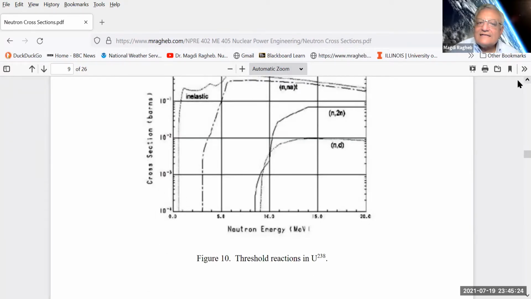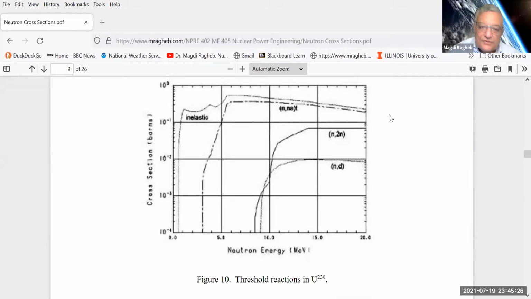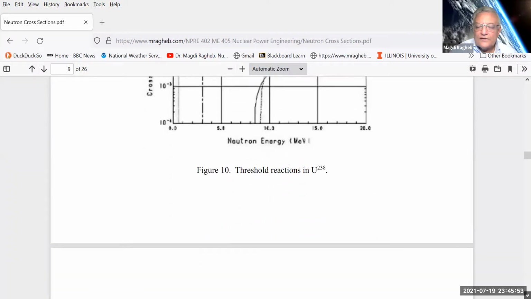In the same way as lead, uranium-238 can be a neutron multiplier. You can see here an n,2n reaction, or an n,n' T reaction, that happens as a threshold when we have energies in the range of 10 million electron volts, like the fusion neutrons from the DT reaction. When we calculated its Q value, we discovered that the neutrons have an energy of 14.06 million electron volts.